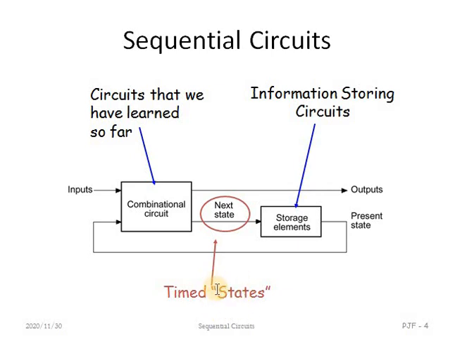Here, the storage devices are capable of storing binary information. You know what binary information is, that is 0s and 1s.